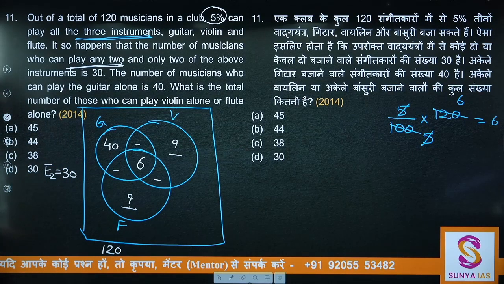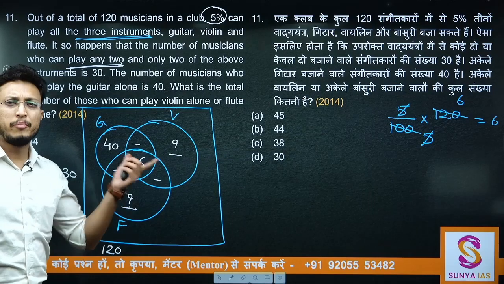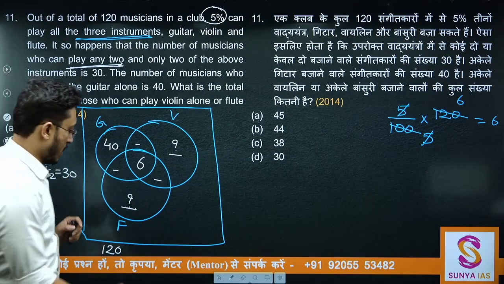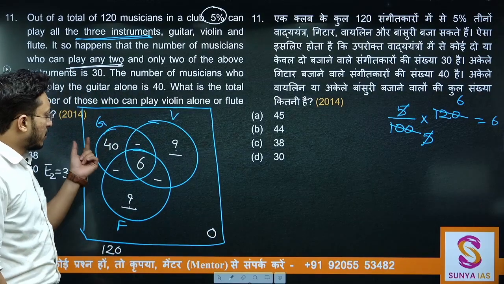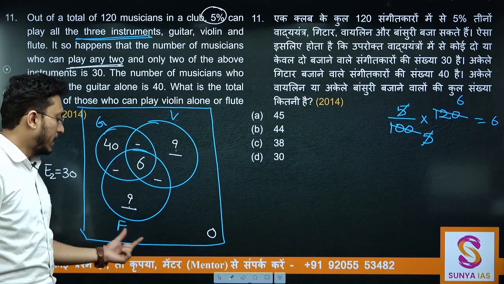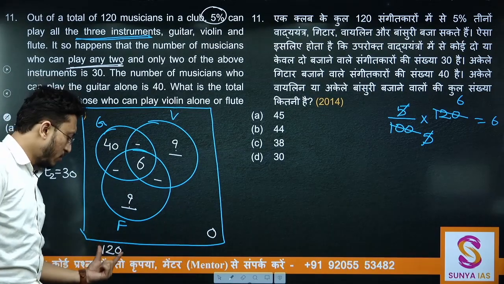Now let's see how we'll proceed with this particular kind of question. Now see, one thing is all the musicians are given here. If all of these are musicians, what we can safely assume is they might be playing one or the other instrument here. That means I can write this value as 0. Now can I say the sum of all the data that is given here should be equal to 120?